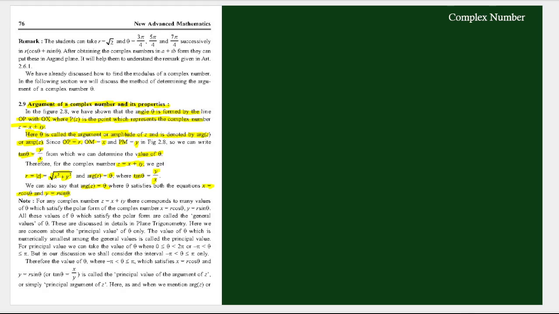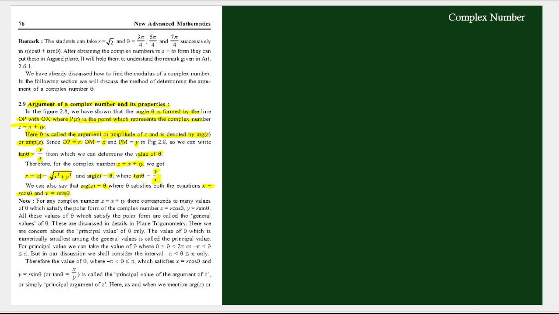Now there is some note. Argument of z is theta. In order to find the value of theta, the argument, you should know the values of the trigonometric tangent. Tan 0 degrees is how much? 0, then 1, then infinity.